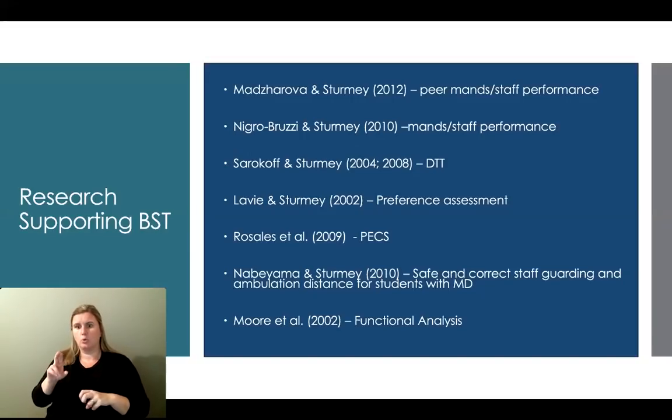Rosales and colleagues in 2009, the use of PECS with peer educators and teachers. Navayama and Sturmy in 2010 trained support staff on safe and correct staff guarding and ambulation distance for students with multiple disabilities. Moore and colleagues, procedures for conducting functional analysis.